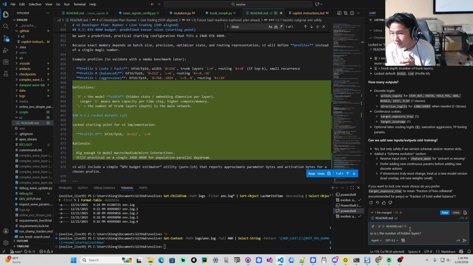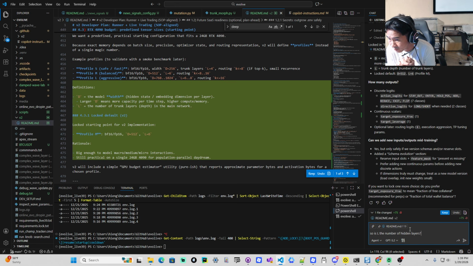Two classes, continuous scalars: target exposure fraction, target leverage, optional layer routing logic, take profit tuning parameters. Can we add inputs and outputs mid-training? Yes, but safely if we version schemas and use reserved slots. Add a schema evolution section, reserve input slots plus feature maps for present versus missing.